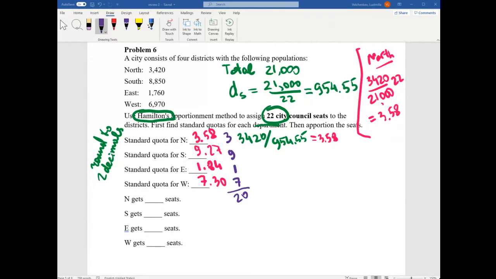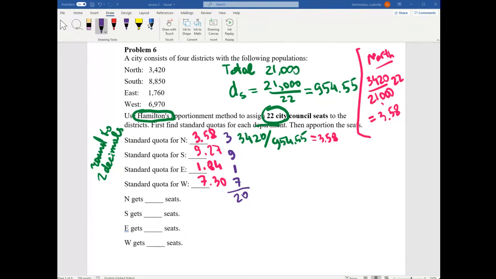So extra seats. You remember the Hamilton method? We use the decimal part of the standard quotas to choose those who deserve extra seats. I see you're answering mostly correct. So please choose which 2 districts get extra seats. Look at the decimal part.